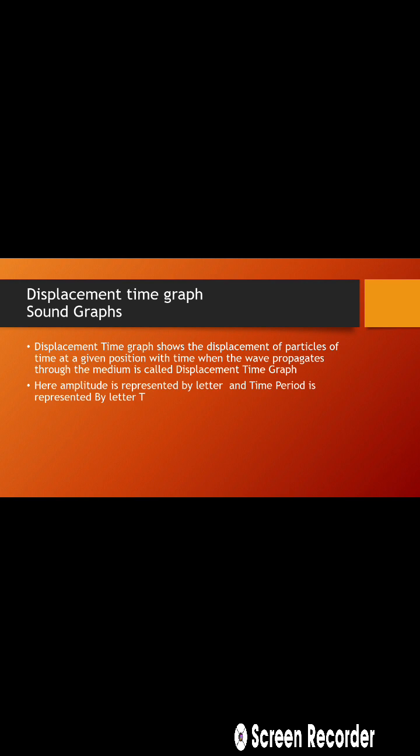Next I'll go to the displacement time graph. I cannot show the picture now; if the picture is there, I'll show it in the next class. The displacement time graph shows the displacement of particles of the medium at a given position with time when the wave propagates through the medium.